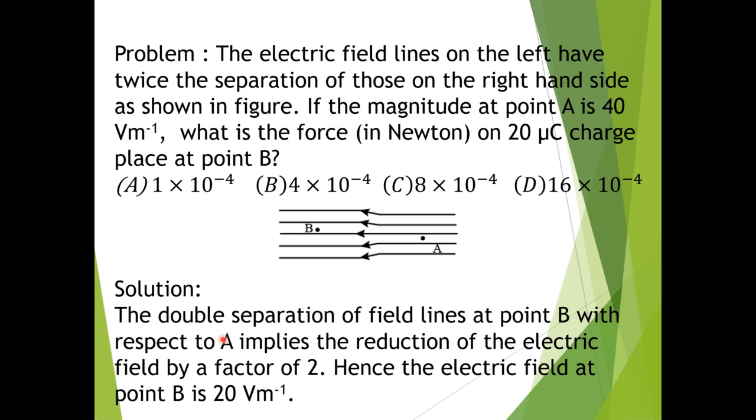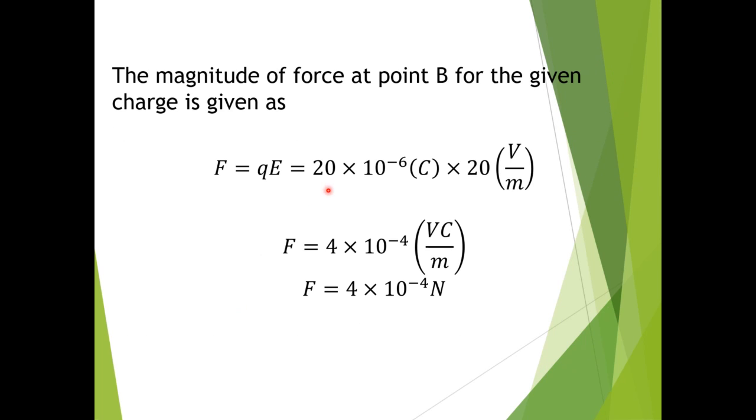So double separation of the field lines at point B implies a reduction of electric field by a factor of 2. So what it implies is that the electric field at point B, you can straight away see, is 20 volt per meter. And since we now know the electric field at point B, we can calculate the magnitude of force at point B, which is charge times the electric field.